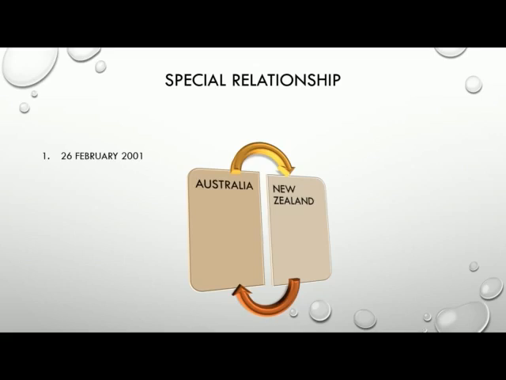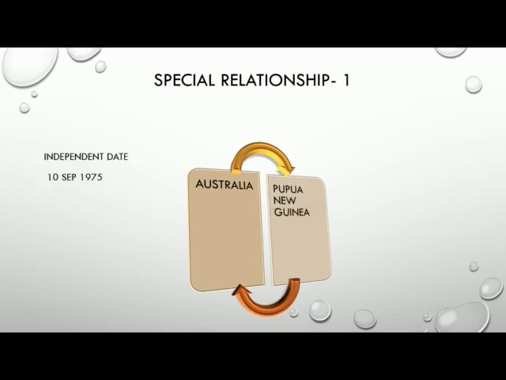They just need to apply. And the other special relationship is Papua New Guinea's Independence Day, which is 10th September 1975. If you arrived from Papua New Guinea prior to this Independence Day, you can apply for Australian citizenship straight away. So this is a special relationship between Australia and Papua New Guinea.